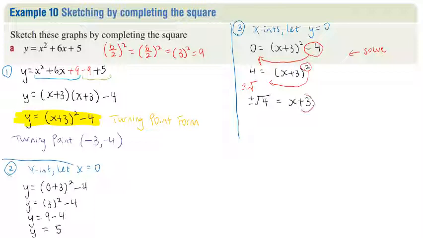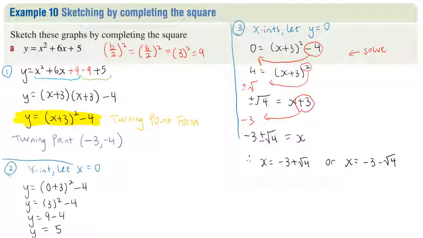Then I'm going to subtract this 3, minus 3. So I've got minus 3 plus minus the square root of 4 equals x. So my two x-intercepts are, therefore, x equals minus 3 plus the square root of 4, or x equals minus 3 minus the square root of 4.